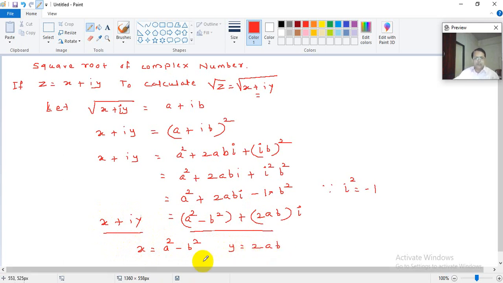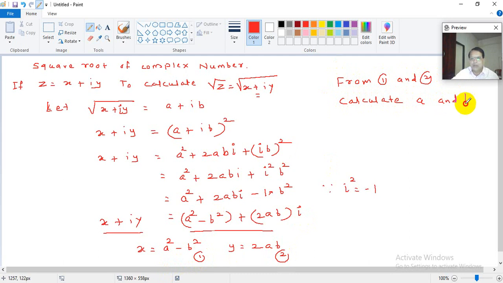Now from this you have to get, say this is 1 and this is 2, from 1 and 2 calculate a and b.